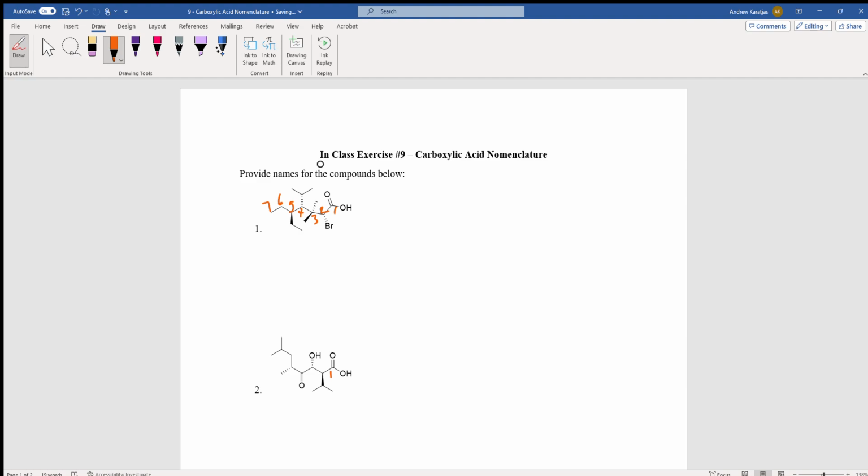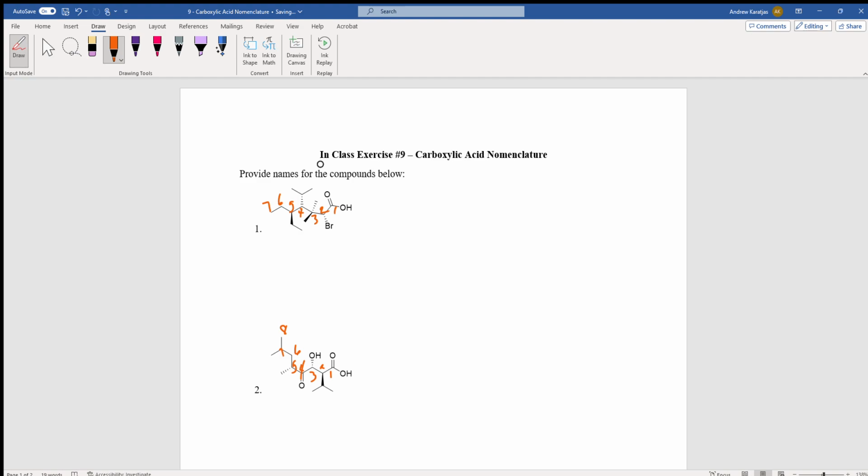But as we can see with carboxylic acids, given that we always start with the carbonyl carbon itself, the numbering actually becomes pretty easy. So in this first one, we have 7 carbons. That means heptane.